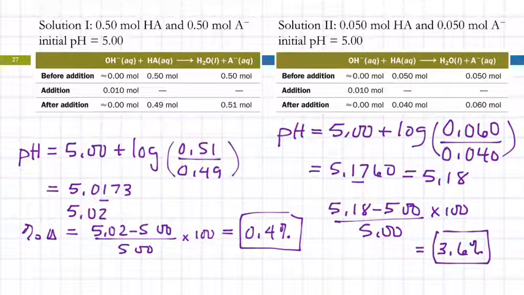So the relative amounts of acid and base matter, we'd like those to be equal or close to it. And then the absolute concentration matters as well. Higher concentration gives a more effective buffer than a lower concentration.